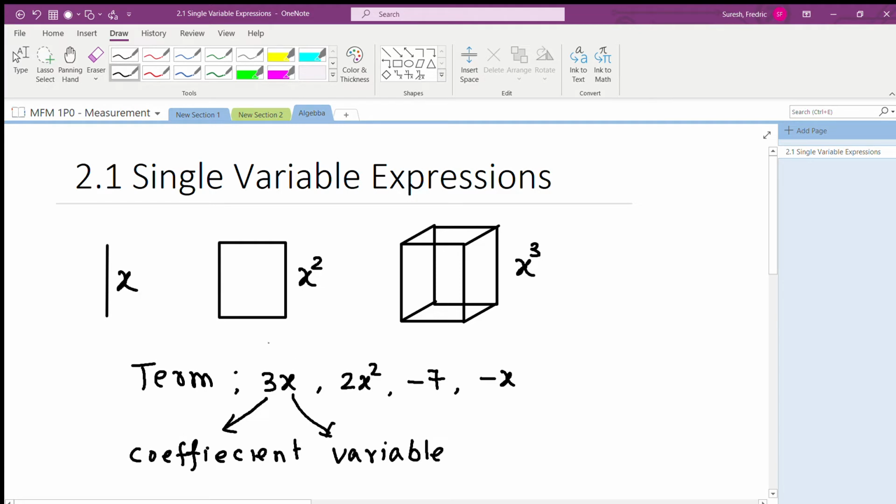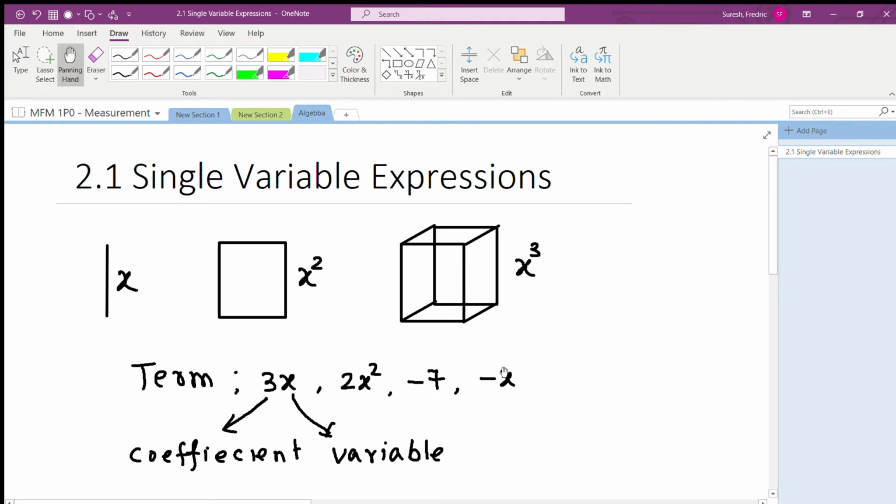So the first number is called a coefficient, and the x is called a variable. In this case, the coefficient is 2, and the variable is x. In this case, the coefficient is -7, and there is no variable here. It is just a coefficient only.